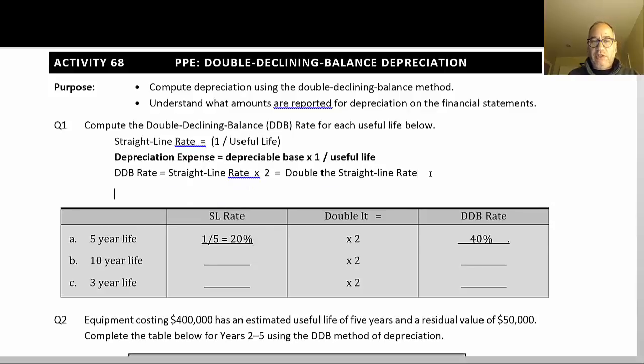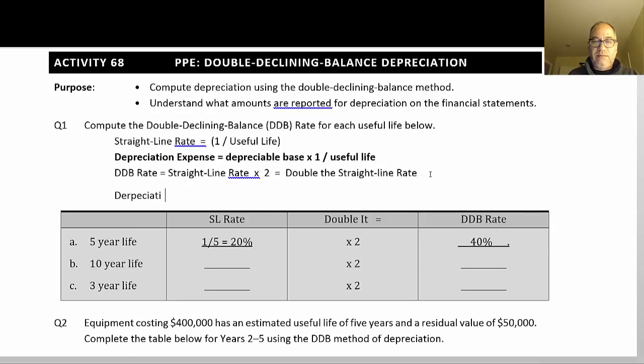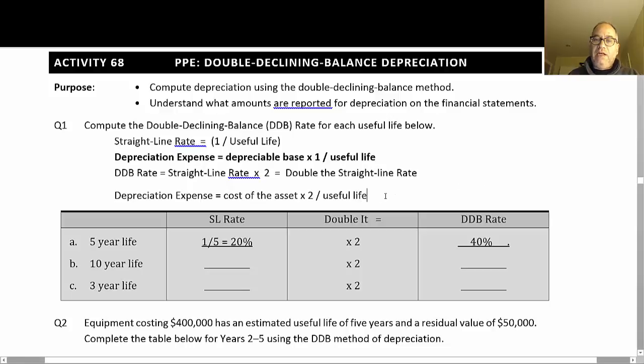So the actual depreciation expense will be equal to the cost of the asset times 2 divided by the useful life. And you're going to depreciate the asset until you reach the salvage value, residual value.